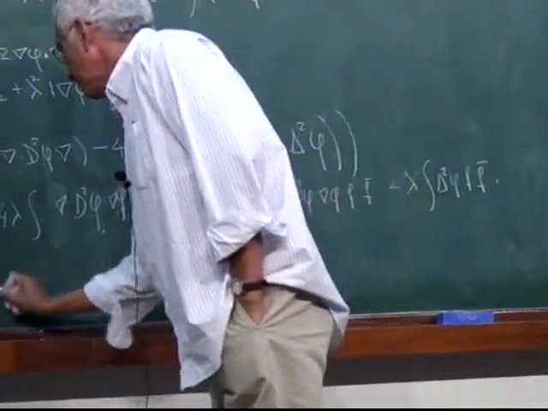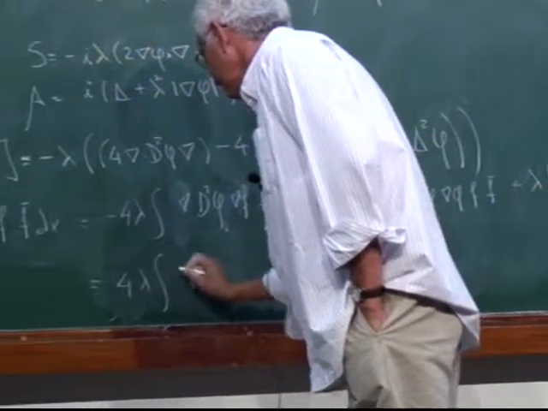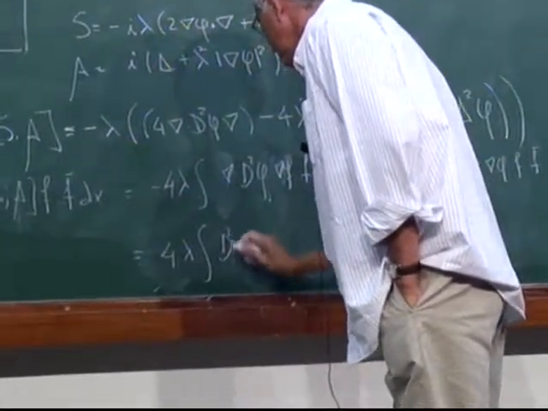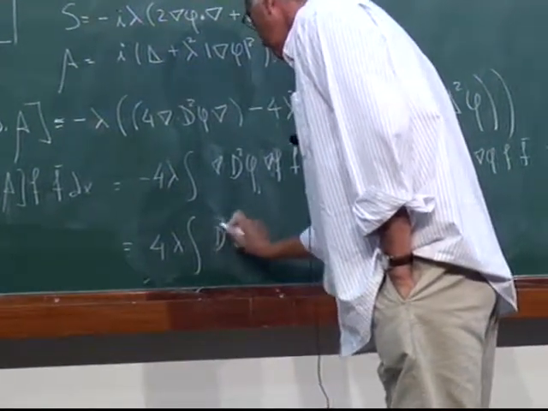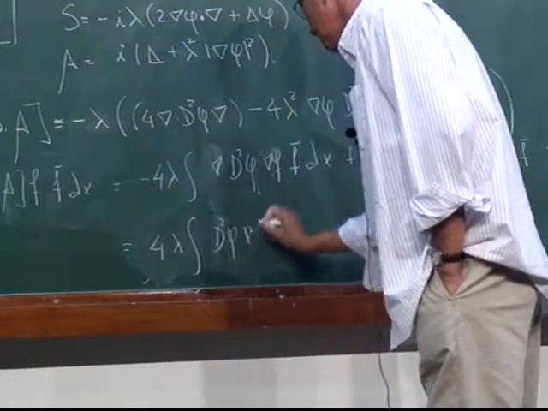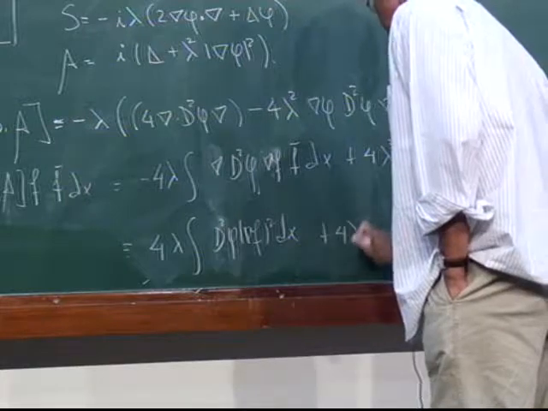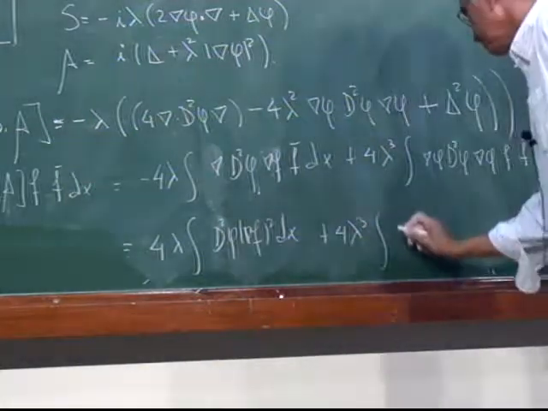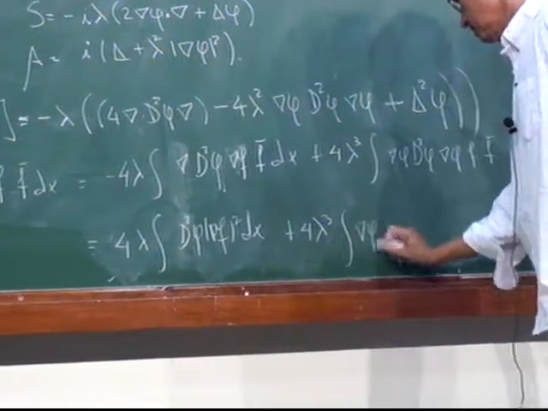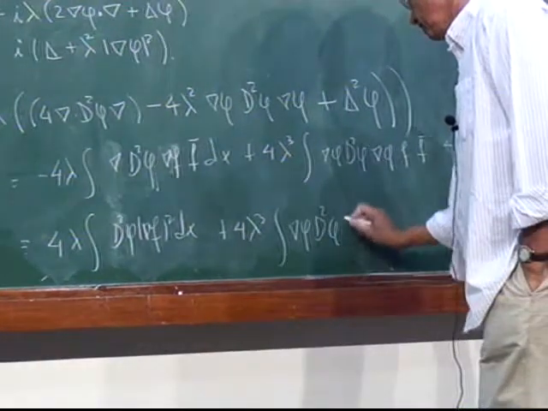You have this part, the second derivative of phi, this square dx. This is going to be the thing that you computed before.